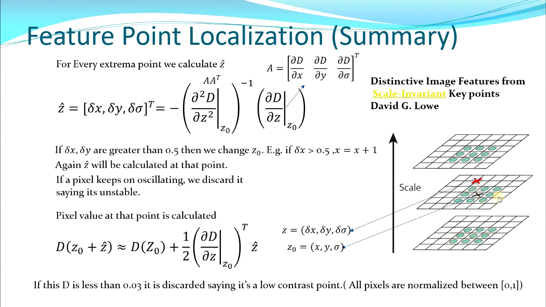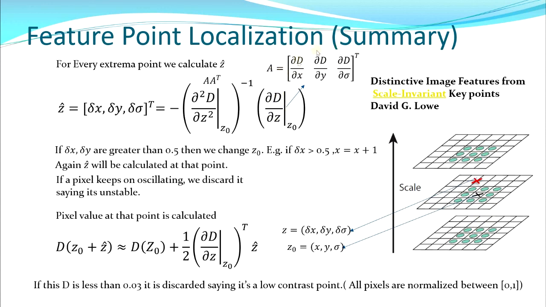This is my x direction. This is the feature that I've got. I take this neighbor minus this, that is the difference in x direction. Similarly, the difference in y direction, this feature minus this, will come over here. Similarly, the difference in the scale direction will be this feature minus this. Like this I can calculate this vector.